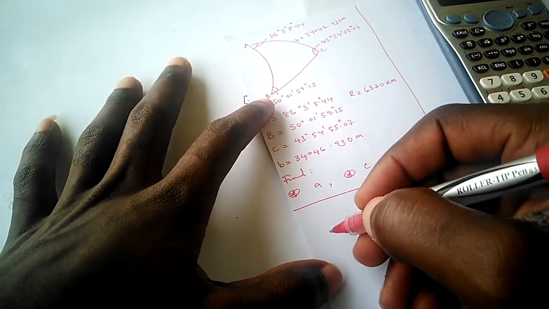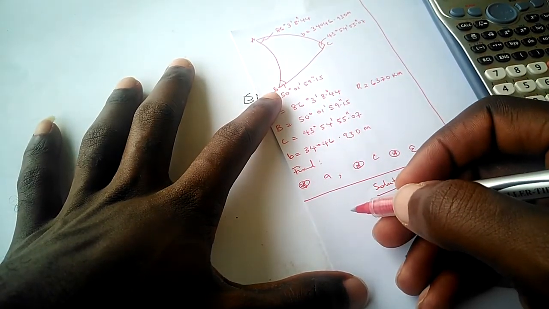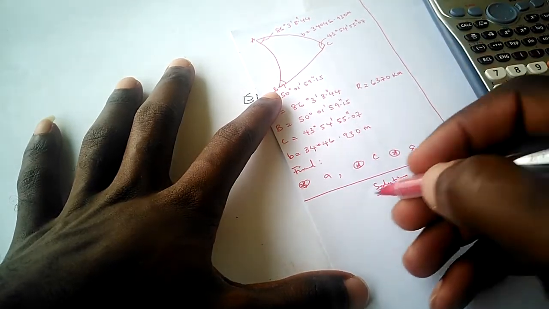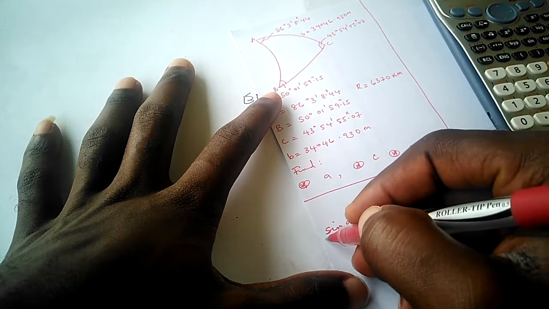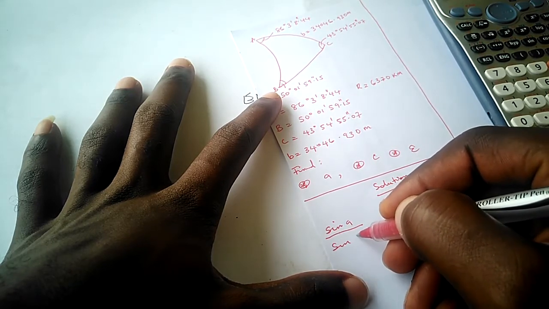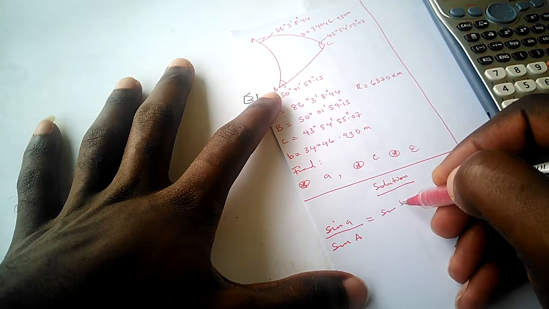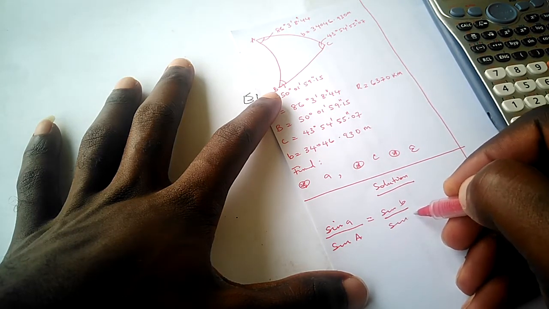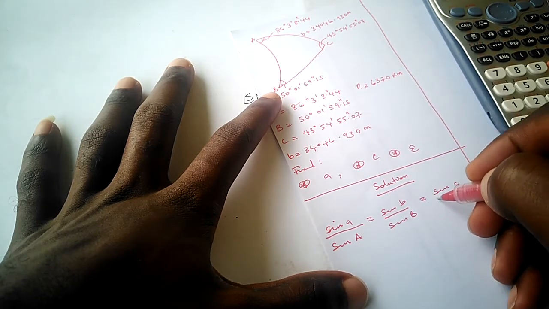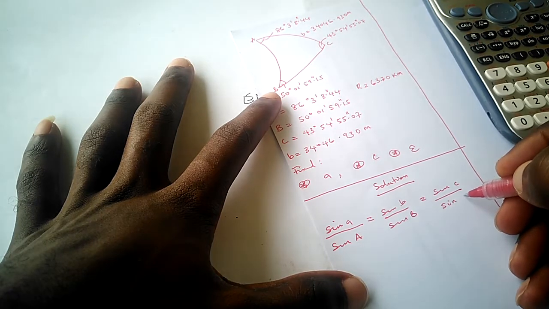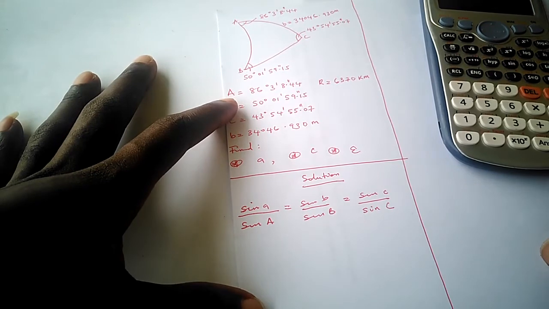So the first set of formulas is the sine formula for a spherical triangle, and this is given as sin a over sin A equals sin b over sin B equals sin c over sin C. So this is one of the formulas we are going to use.